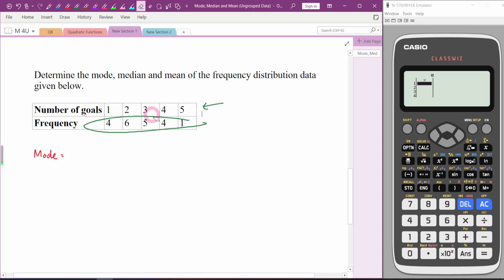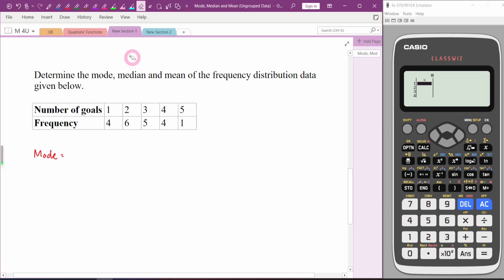So if you are confused, sometimes you just imagine this way. You are doing a survey. You ask, what is the number of goals you have scored? So you record it. The answer that you receive most of the time, that answer is the mode.